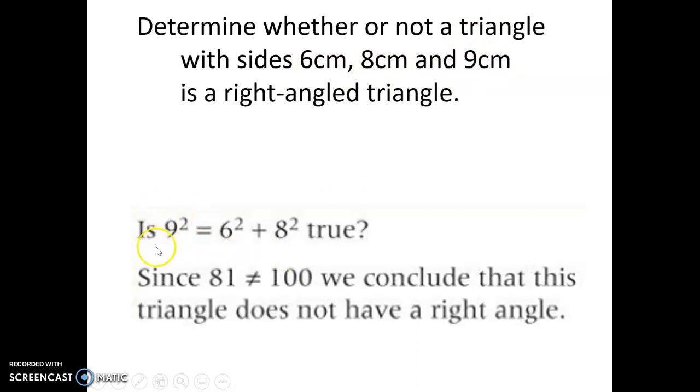So I put that here in for c squared, and then that equals the 2 other legs squared. And let's check. Well, 9 squared is 81, 6 squared is 36, 8 squared is 64, so these 2 legs combined when they're squared make 100. And 81 does not equal 100. So these numbers do not work in the Pythagorean theorem. Therefore, if you drew a triangle with those lengths of sides, it is not a right triangle. Okay, because Pythagorean theorem would work if it was.